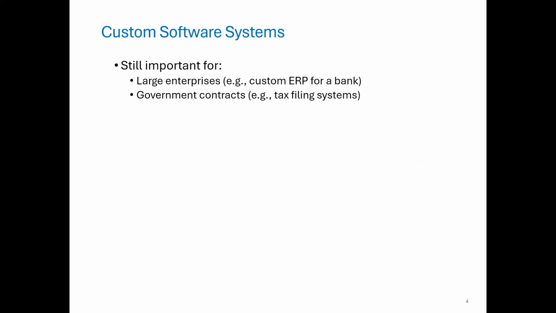So back to the traditional or custom software system. They're still important. While software products are more used nowadays, there are still large companies, enterprises, or government organizations that need to have specific software designed based on their specific requirements, which the broader range of products might not answer.